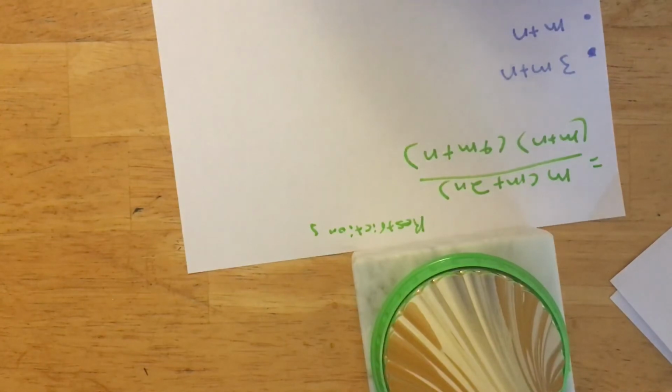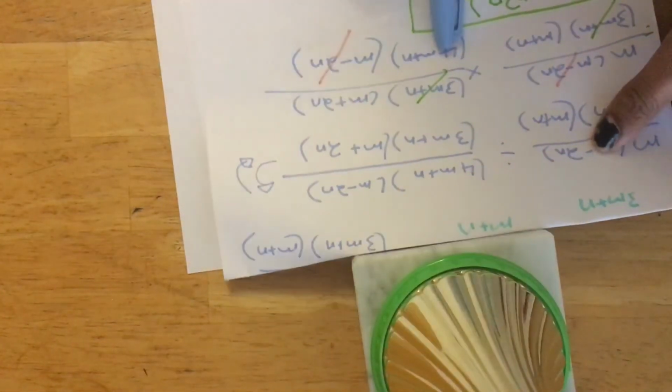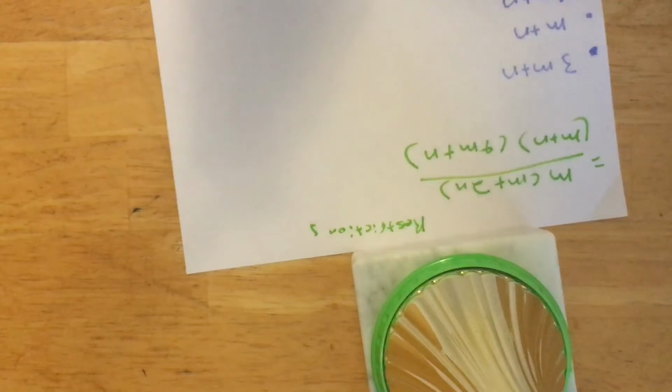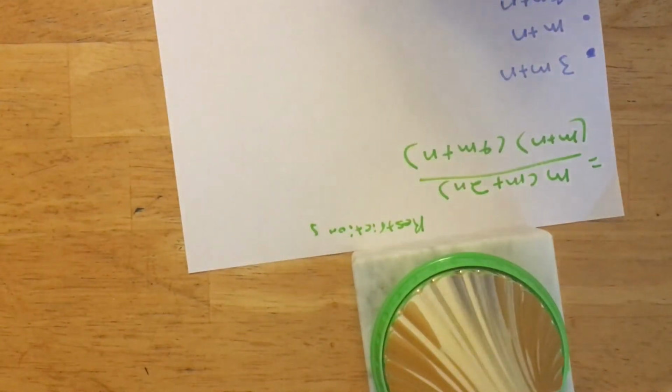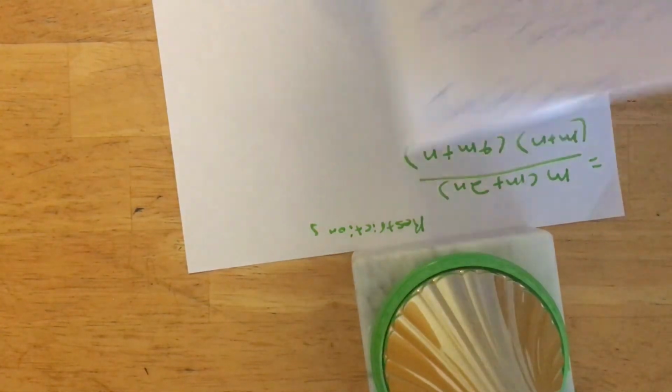Another one we did was 4m + n, that one was down here. Then we did m - 2n, that one was down here.